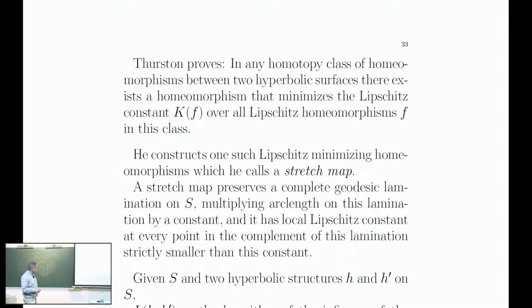It preserves a complete geodesic lamination. Forget the word complete, but today I explained to you what a geodesic lamination is. It multiplies the arc length on this lamination by some constant. This constant, which I didn't write here, is the best Lipschitz constant for the map.